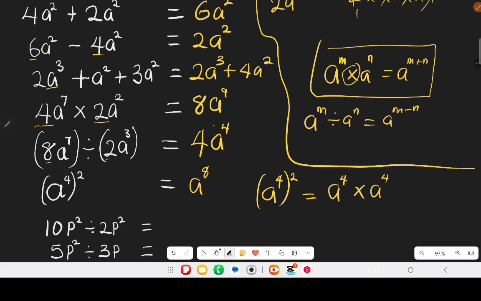We can apply the law of indices and add up the powers to give back a raised to the power of 8, 4 plus 4. Or if we want to simplify it further, we have a in 4 places times a in 4 places. If you count all of them, we have 1, 2, 3, 4, 5, 6, 7, 8.